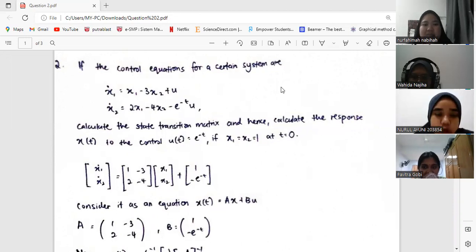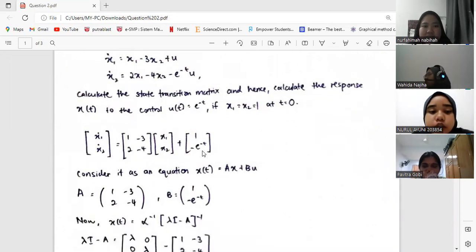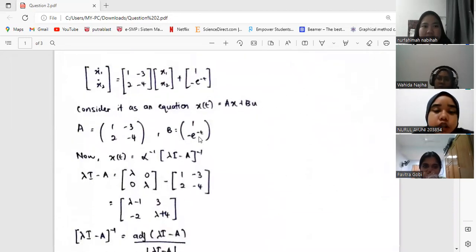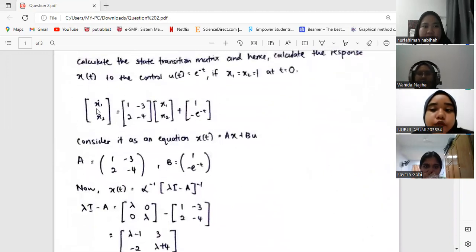So we will start to answer the question. We transfer the question above to this matrix form: x1 dot, x2 dot equal to [1, minus 3; 2, minus 4] multiplied with x1, x2, plus [1; negative e power of negative t].